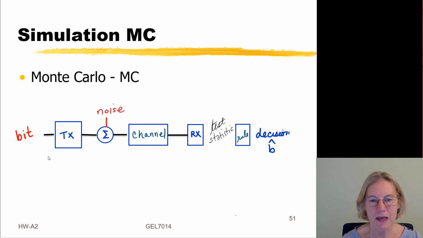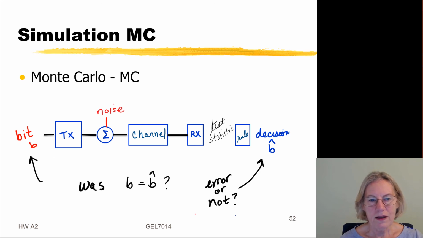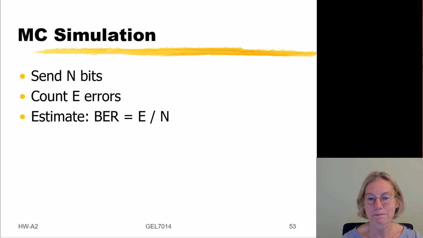So the idea is we send a bunch of bits, we know what they are, we're in a simulator, and then we look at the decision that was made, and we ask, is there an error or not? Was B equal to the estimated B hat? And if it's not right, I count how many errors were made.